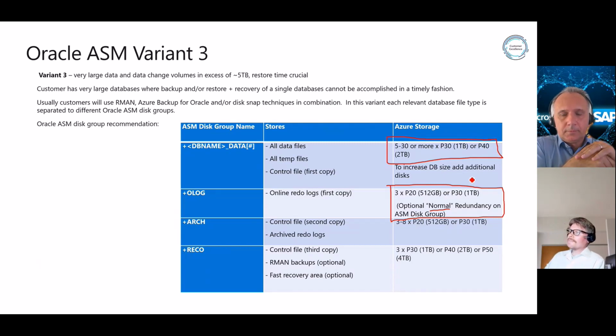Obviously, if somebody had a BW system that had a lot of very long running transactions and consumed a huge amount of log space, you would obviously increase the size of your disk group for logging. So this is a guide, but these are the SKUs that you should be gravitating towards.